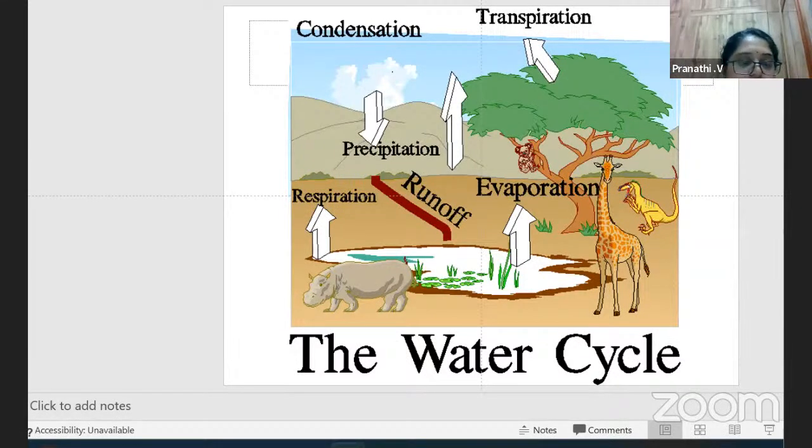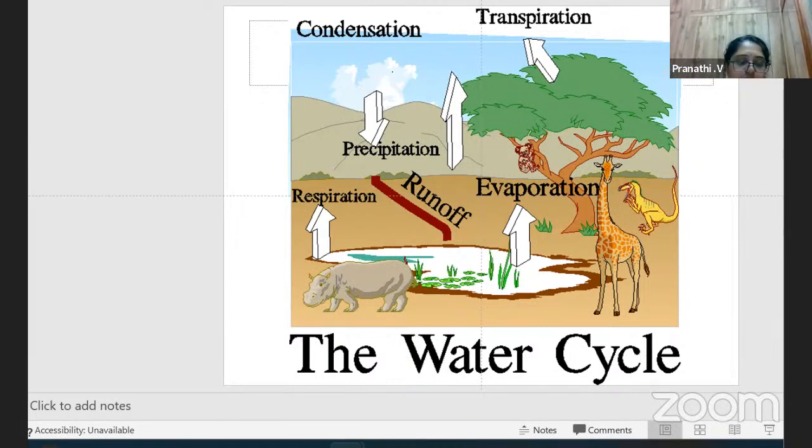Again, the water cycle is helped by solar energy, and evaporation plays an important role. And again, it plays an important role in the climate, as we have already seen. So this is all about the effects of geochemical cycling and the flow of water beneath and above, and how it is being converted into water vapor and back to water again.